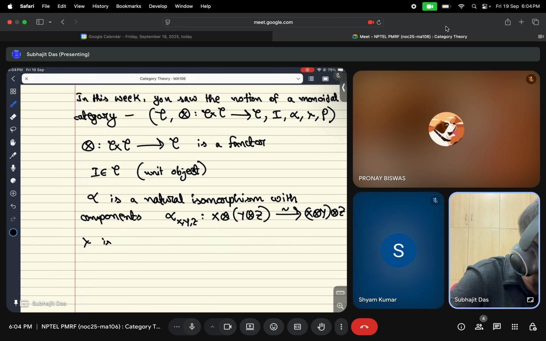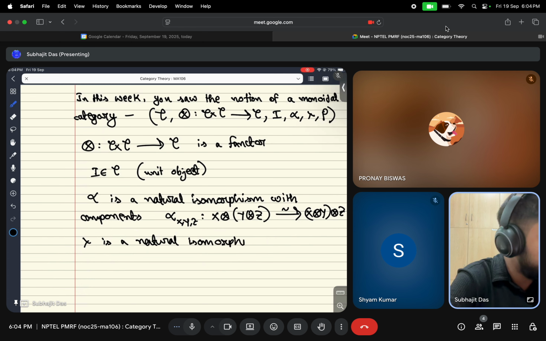Lambda is a natural isomorphism from what to what? This is not a well posed question in a sense.